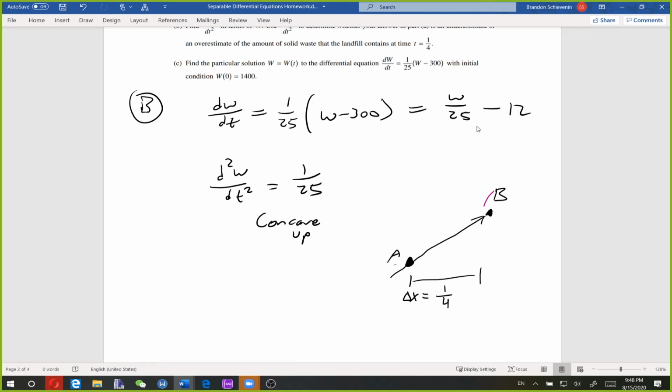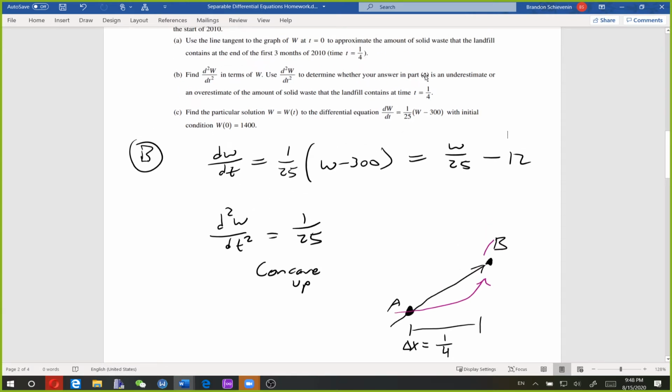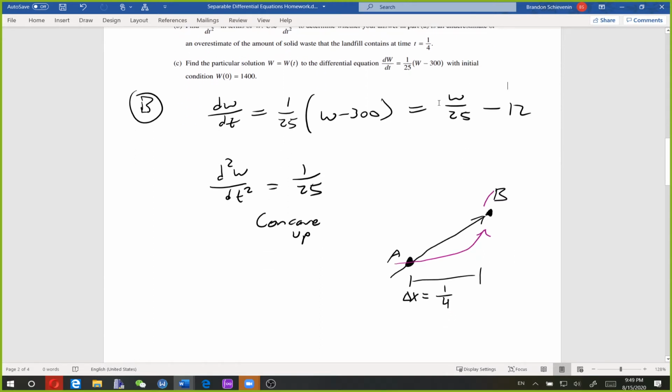I need to be concave up and increasing. What do you think? Okay, so our estimate was too high. Okay, so our answer for part A was an overestimate. Can you explain why?